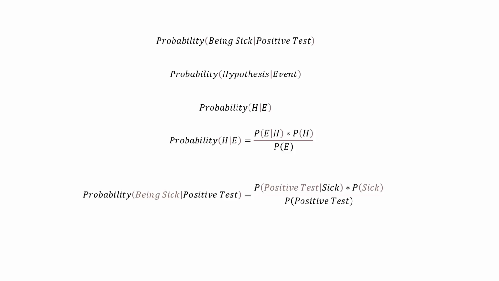Describing it using our sick and positive test case, it goes like this. The probability of being sick given a positive test is the probability of a positive test given you are sick times the probability that you are sick divided by the probability of a positive test.